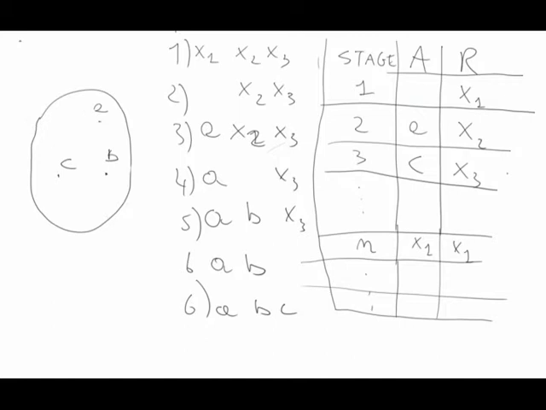We can start by removing one of these 2 points and putting, for example, x1 again. So the game continues like that, and at each stage we have 3 points.